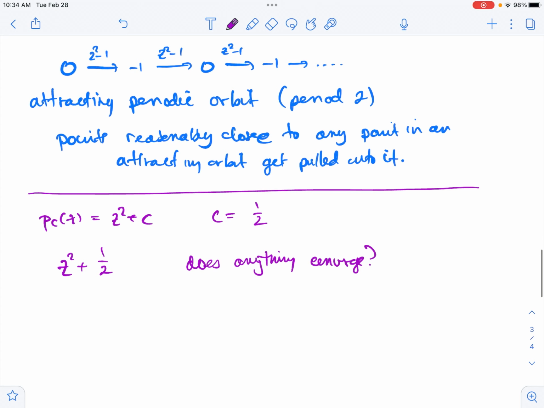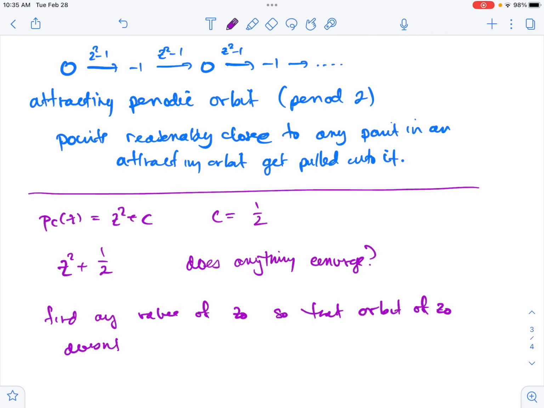What I'd invite you to do here is play around with some initial points and see, can you find any value of z naught so that the orbit of z naught doesn't run away to infinity?